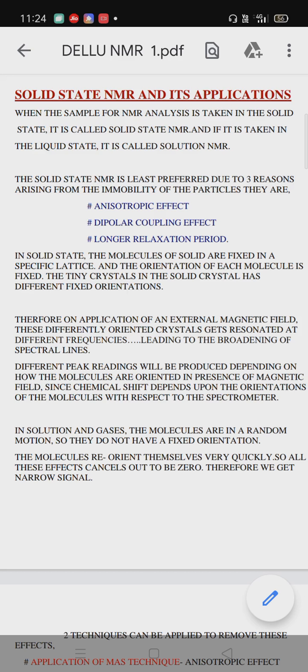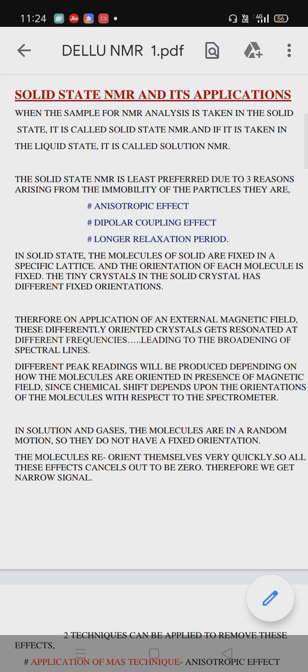As the chemical shift depends upon the orientation of the molecule with respect to the spectrometer, these can greatly influence the delta values. The different protons get resonated at different frequencies, leading to the broadening of spectral lines. A broad spectra is difficult to resolve, so it is not preferred.